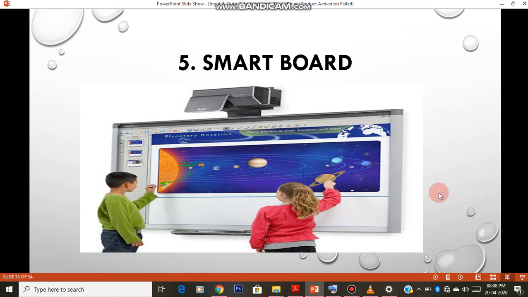So that board is the output device, but the screen used on it is an input device where it accepts your touch as input. But the complete board is an output device that is displaying whatever you want to see. Okay, so smart board is also an output device, but the touch screen is an input device.